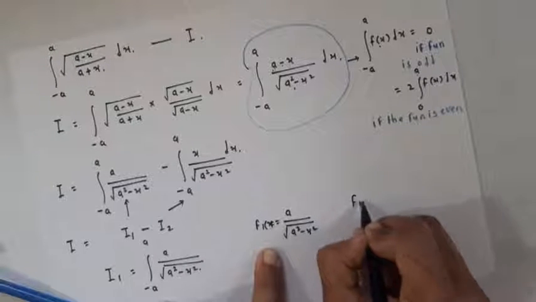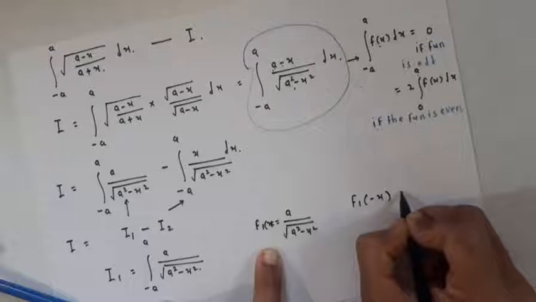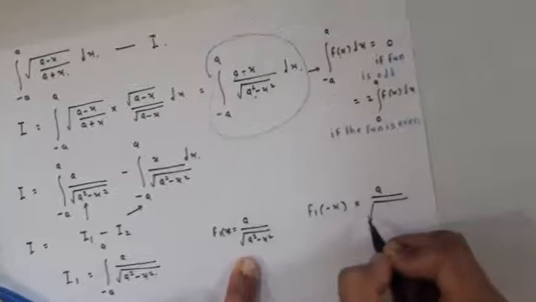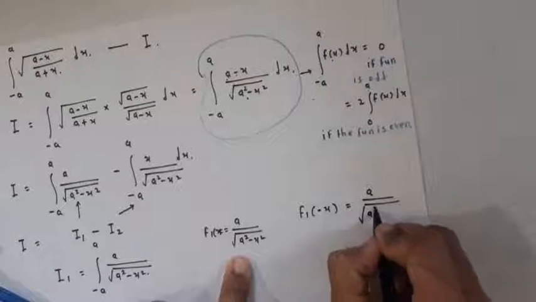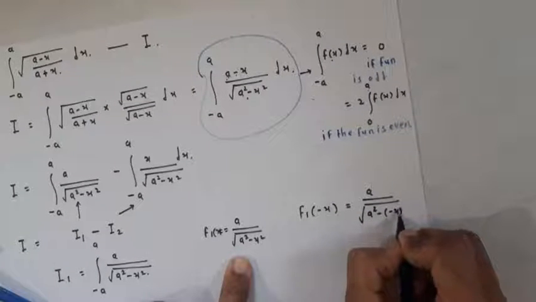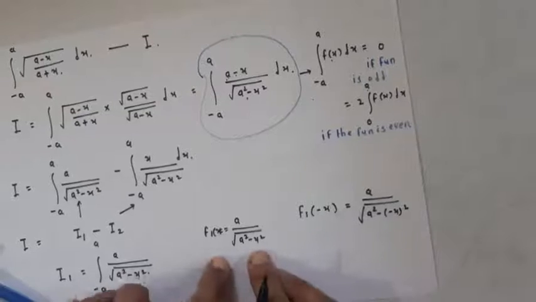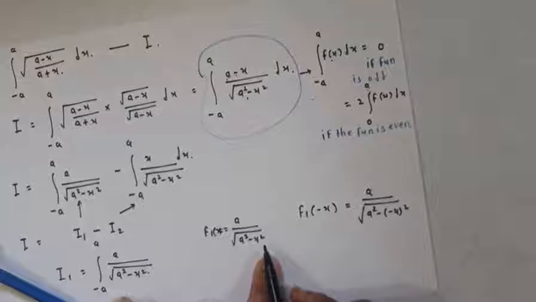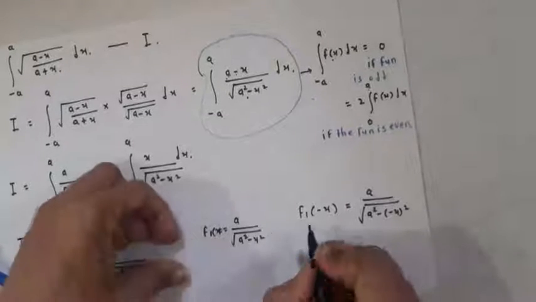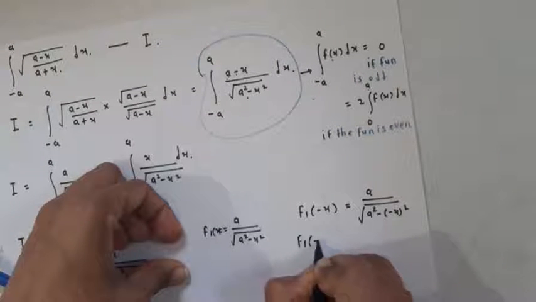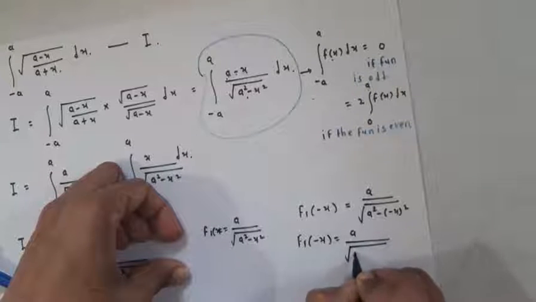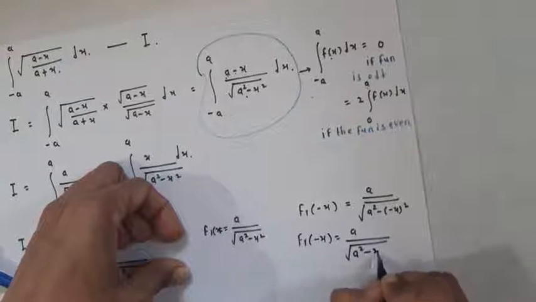Now let us find f1 of minus x. f1 of minus x is a upon square root of a square minus (minus x) whole square, meaning where x is there we put the value minus x. So f1 of minus x equals a upon square root of a square minus x square.